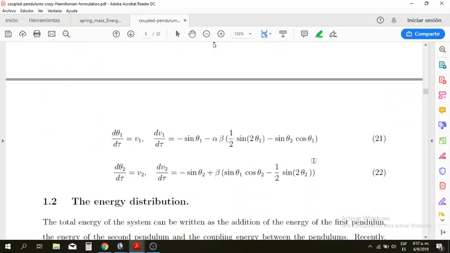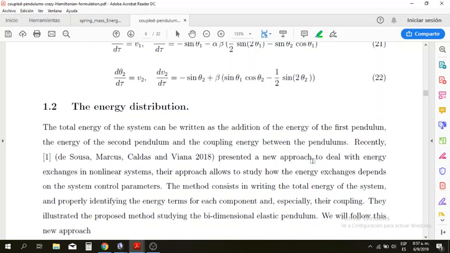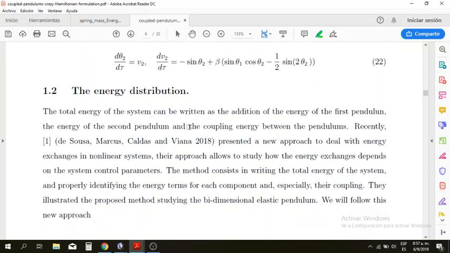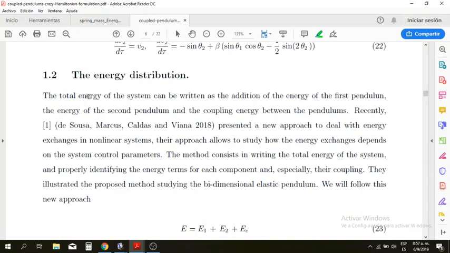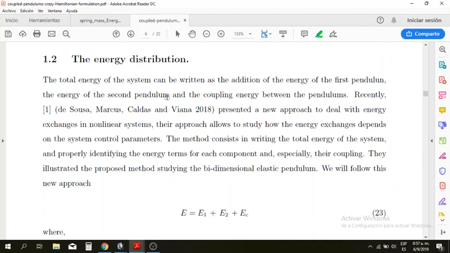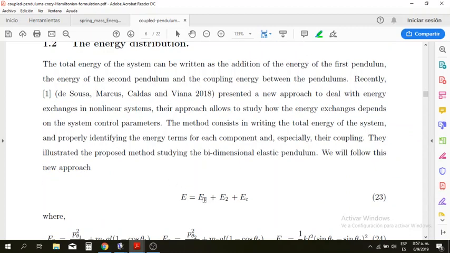I would like to show you the energy distribution. This is my main idea today. The energy distribution in this case will be the energy of the first pendulum plus the energy of the second pendulum plus the energy of the coupling.